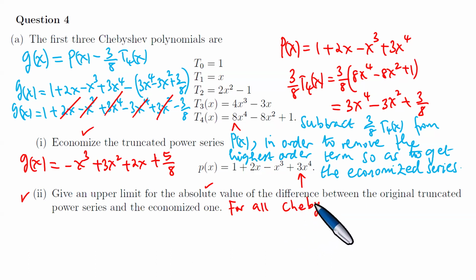The old Chebyshev polynomials. What do we have?